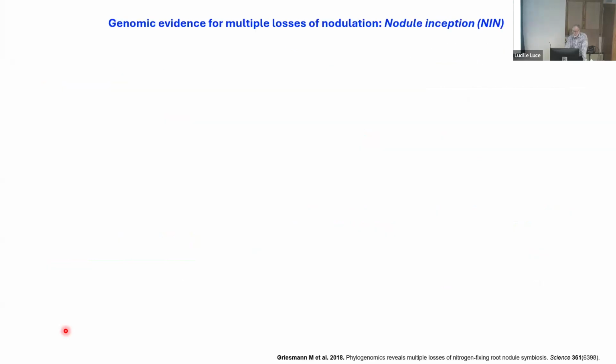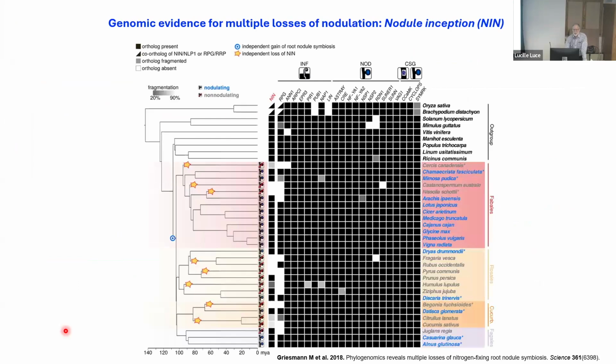So what did this look like? Well, here's a phylogeny. Here's the single origin of nodulation, the stars are losses. And here is, let's see, I think I've got an arrow for NIN showing here, this is the presence or absence of NIN. And if you look down this column and compare it with nodulating and non-nodulating species, you'll see that there's a very good correlation between the presence of NIN and nodulation, or the absence of NIN and non-nodulation.